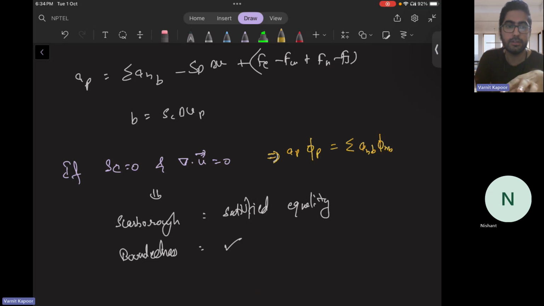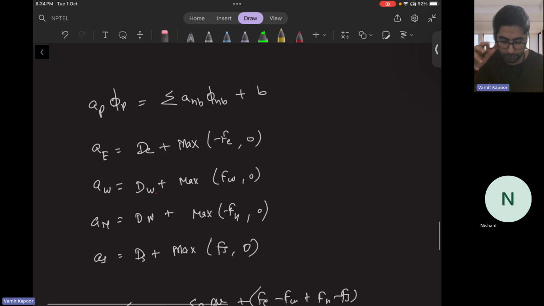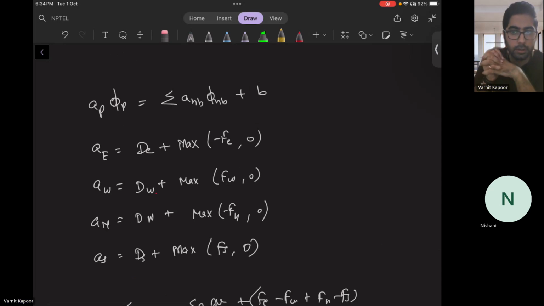But if you consider a situation where a discontinuity in the problem is there and there is no diffusion, let us say gamma is equal to 0 in our equation, the diffusion term gamma is equal to 0, and there is a discontinuity in the solution of phi, then it can actually smear some discontinuities. It turns out to be diffusive, and this will spoil the behavior of the problem.